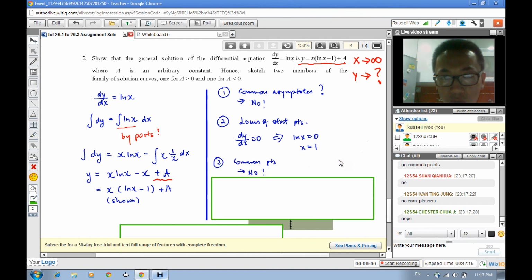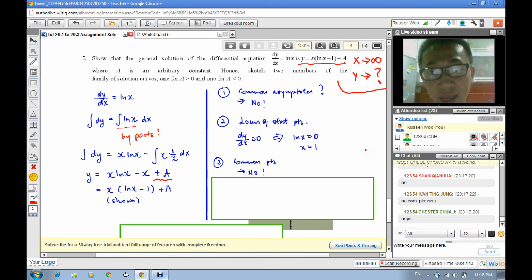Chloe actually asked me to repeat the common asymptotes part again. Okay, can we all, Chloe especially, look at this part here that I wrote. As x tends to infinity, what does y tend to? Whatever it is, it doesn't tend to a common straight line that has no a. So there's no common asymptote.